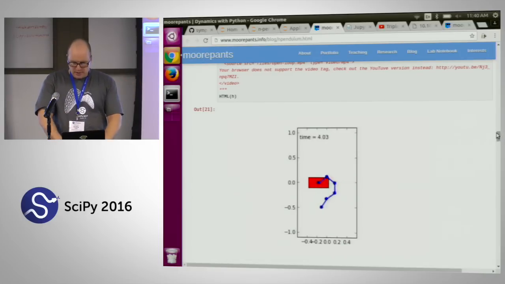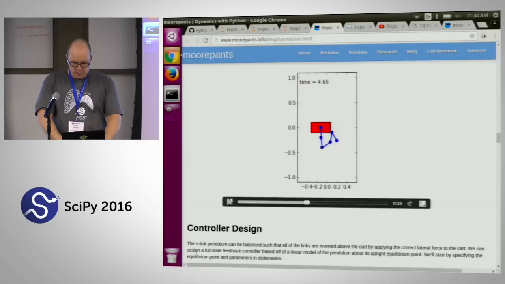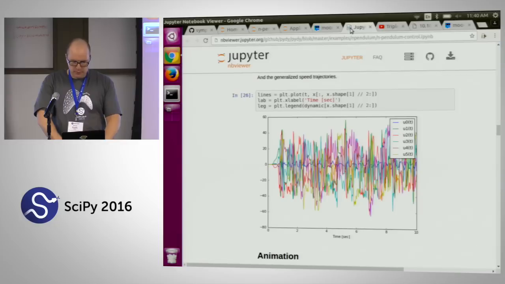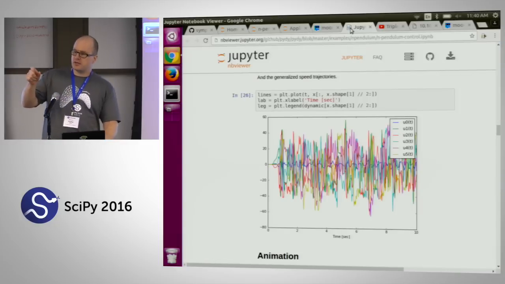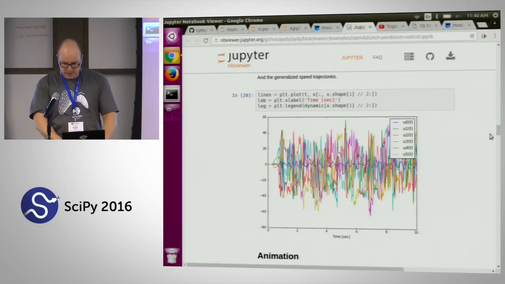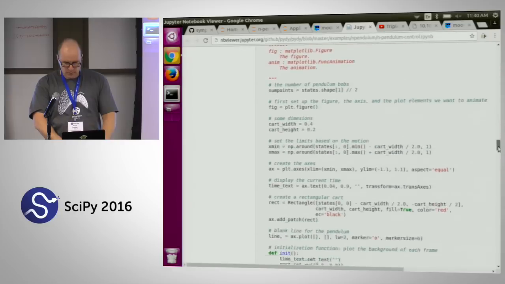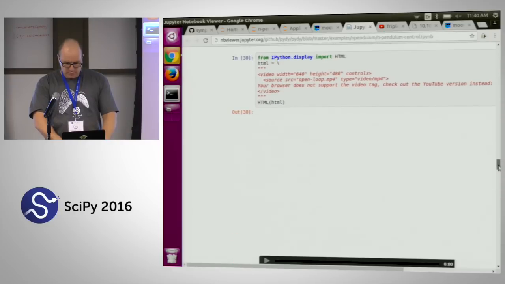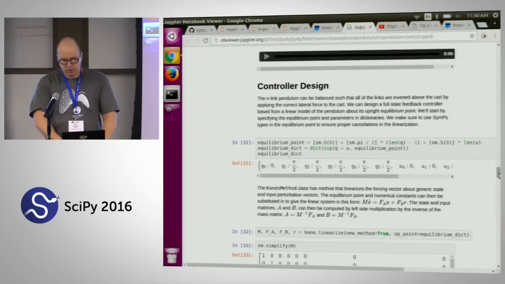So that's one thing. But then you would like to know, is there a way to move the cart so that it swings the pendulums, let's say, and keeps them on top? Or, let's say, moves the pendulums from one side to the other. So that's the next section. Let me skip this. It's called a controller.